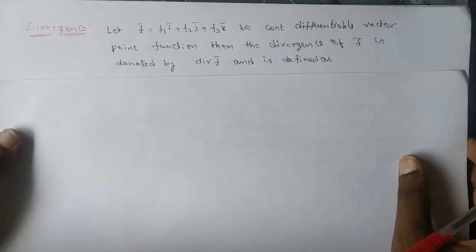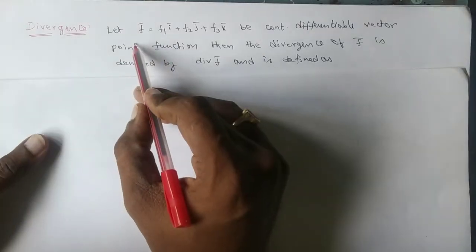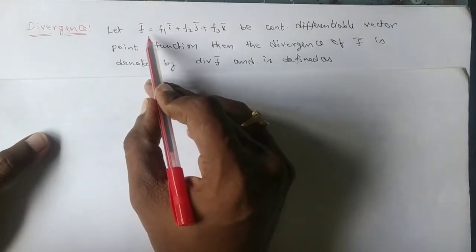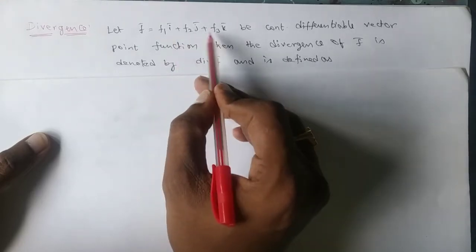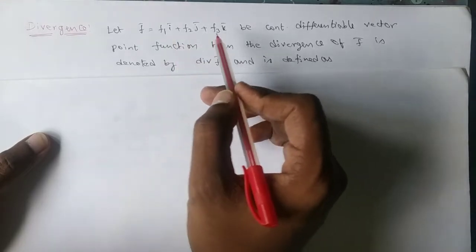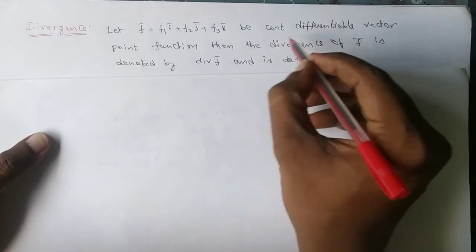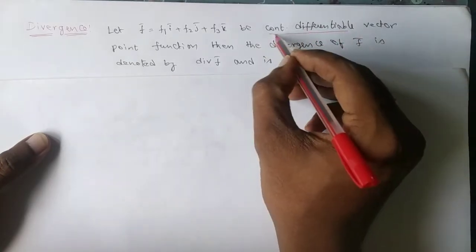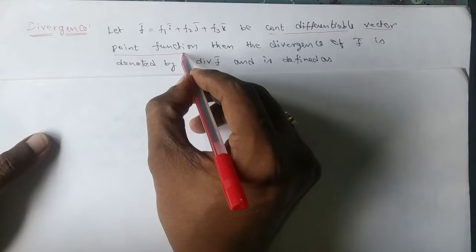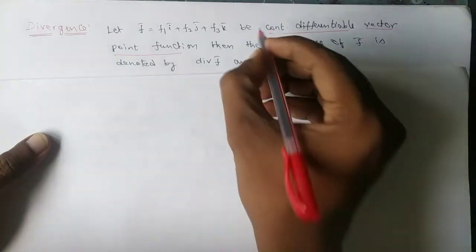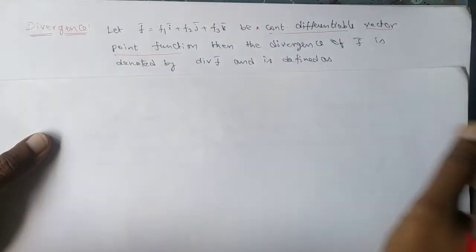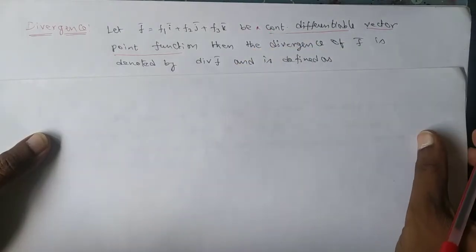It is defined so. Let f bar be defined as f1 i bar plus f2 j bar plus f3 k bar, where f1, f2, f3 are functions of x, y, z, a continuous differentiable vector point function.